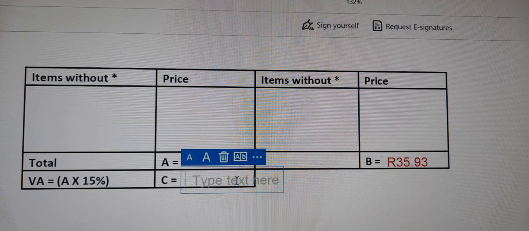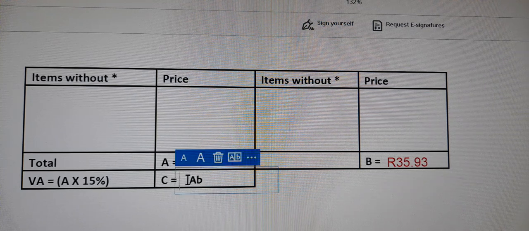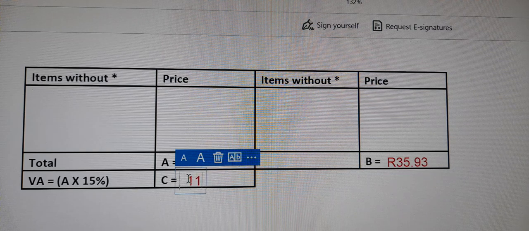But remember, in your exam, it will be 15%. So it will be A multiplied by 14%. So it will be 82.75 multiplied by 14%. Let's see. And then we get our answer to be 11.59. 11 rand 59. So let me put the rands.